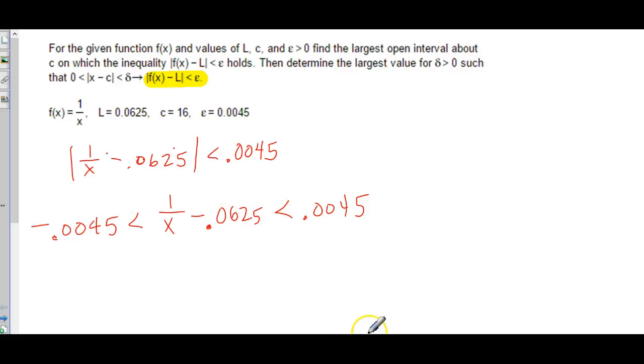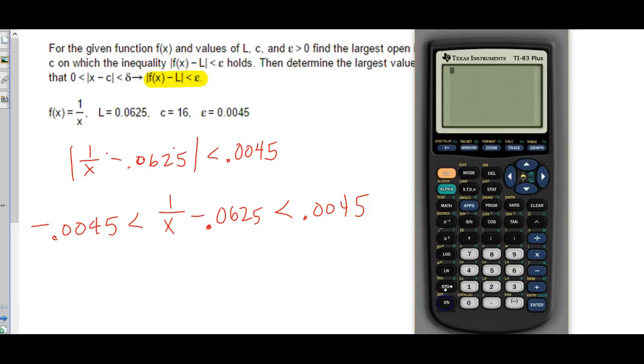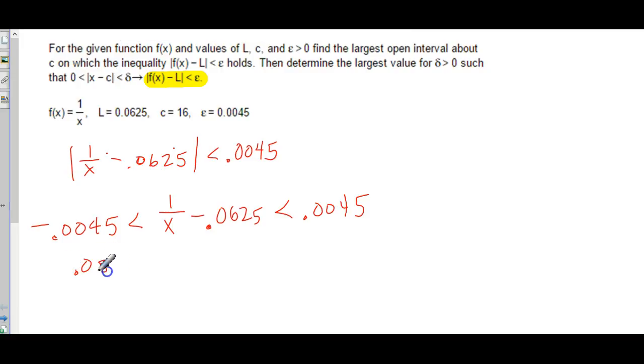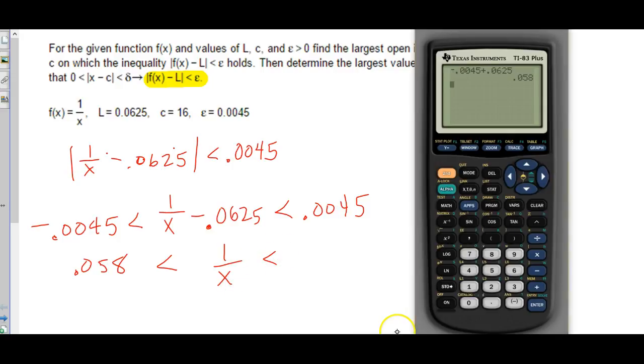So if I add 0.0625 to everything, I get negative 0.0045 plus 0.0625 for the new left side, so 0.058 is less than 1 over x is less than, if I add 0.0045 and 0.0625 for the right side, I get 0.067.